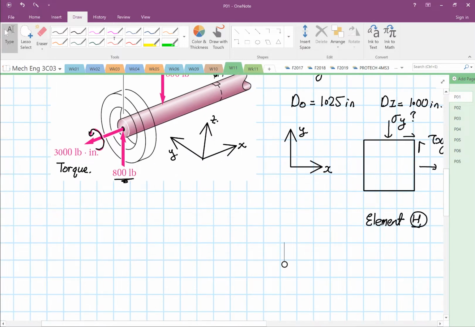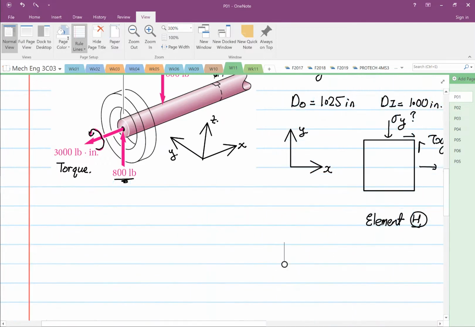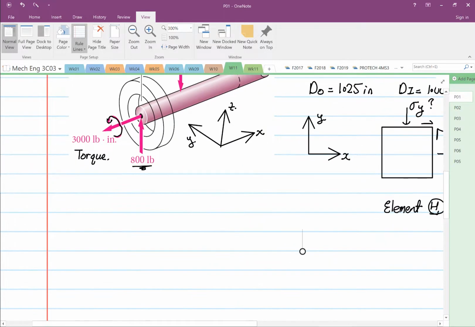Right. So the first thing we're going to do now is find the normal stresses. Okay, we can find the normal stresses.